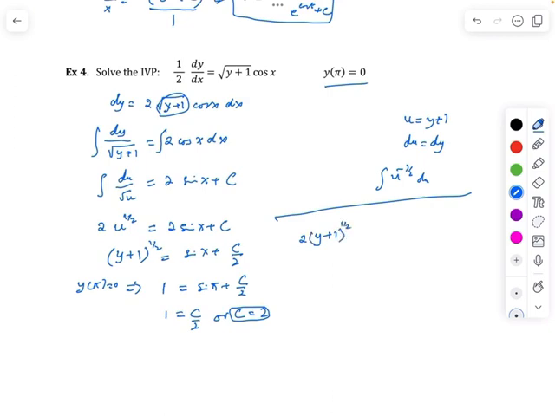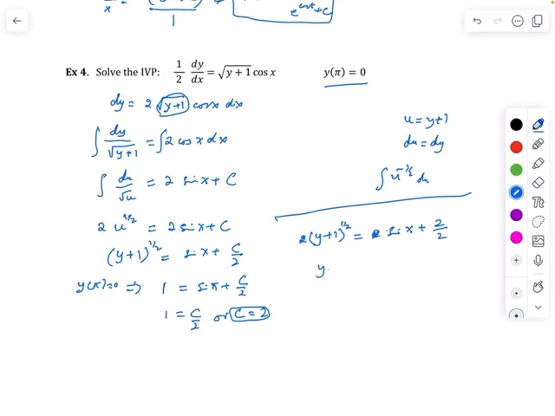So my equation is now looking like y plus 1 raised to 1/2 is equal to, actually, yeah, we had removed this 2, sine of x plus 2 over 2, which is 1, because c came out to be 2.